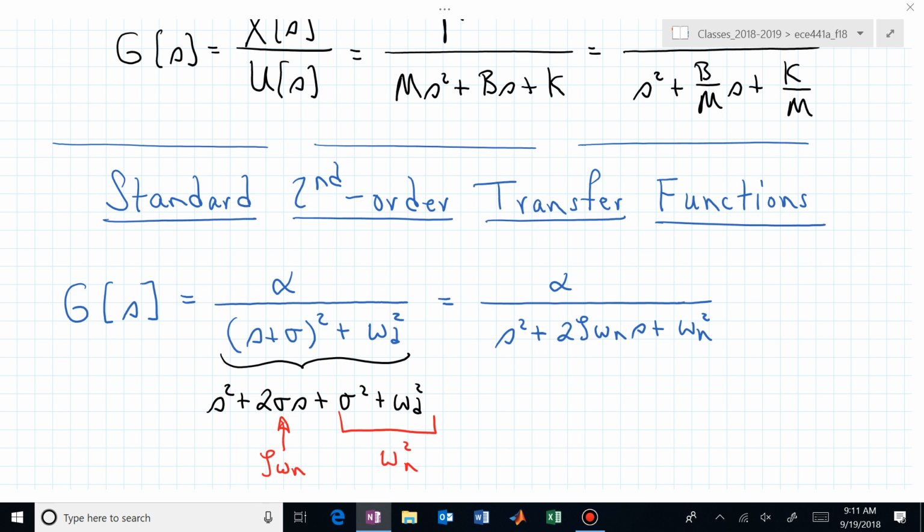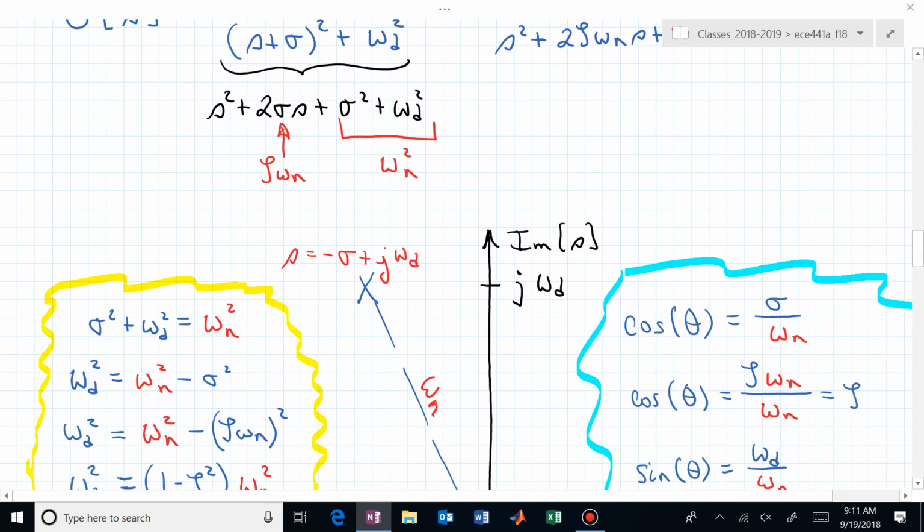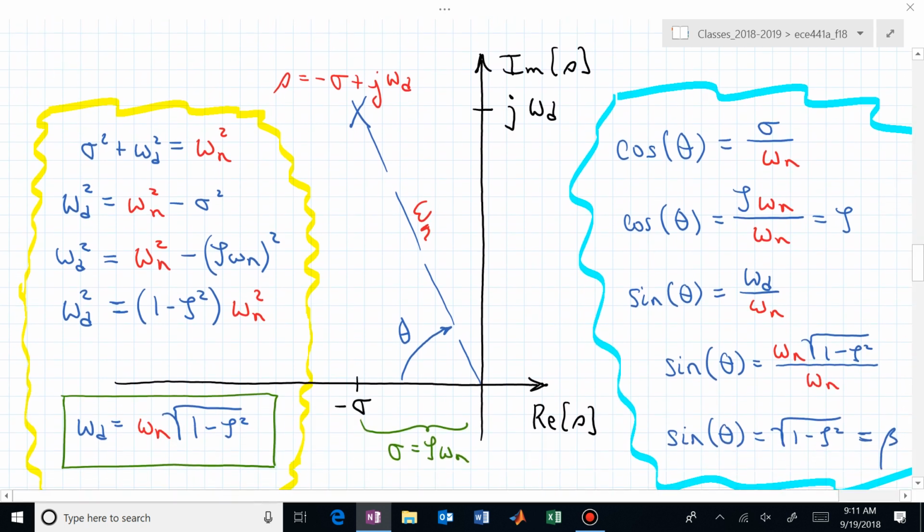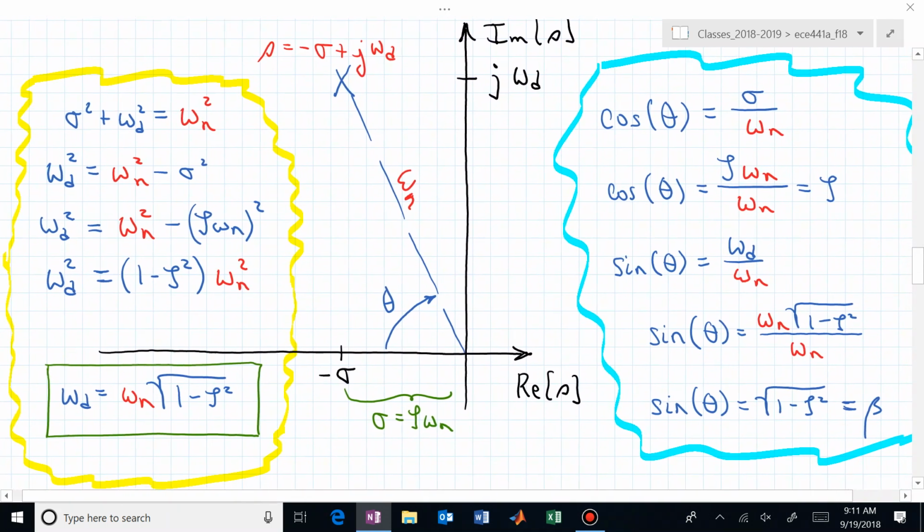Can we find those by looking at a second order response of a pure two-pole system? That's what we want to do today. That's what you want to do in the lab. And now what I'm trying to do is show you how all of those different parameters can be related.